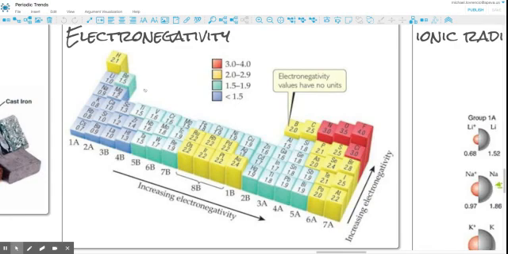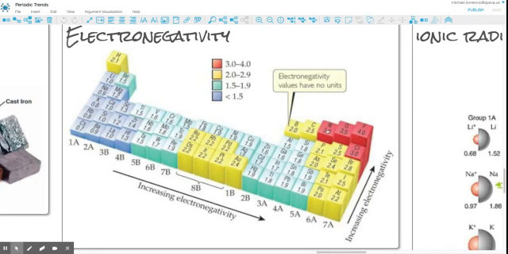It goes on a scale of 0 to 4, is a unitless value, and 4 is the highest. It's that electronegativity difference that we use to tell the type of bond that is going to form. The bigger the electronegativity difference, the more likely you are to have an ionic bond.